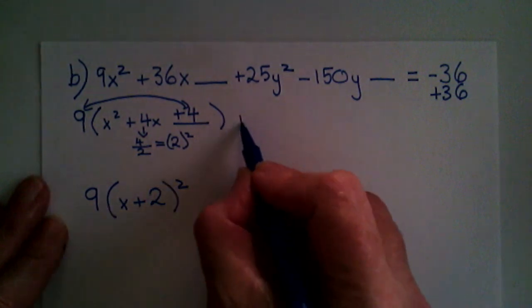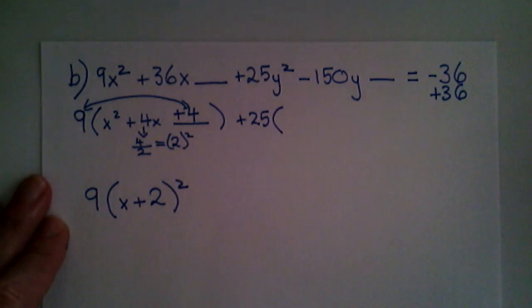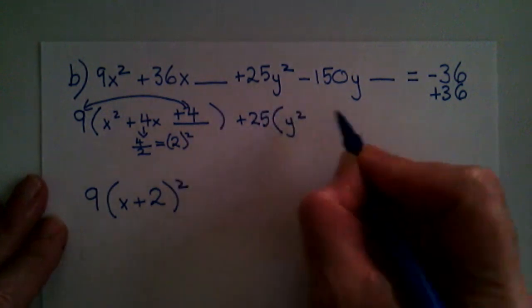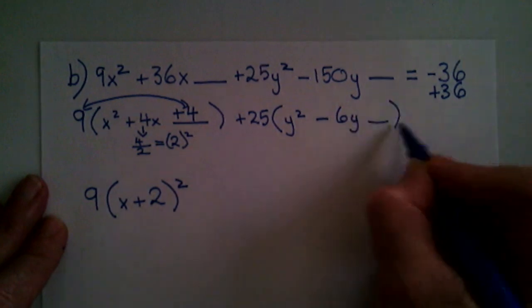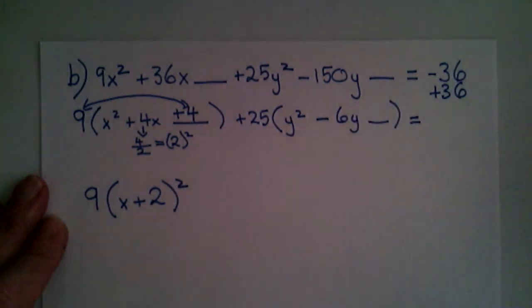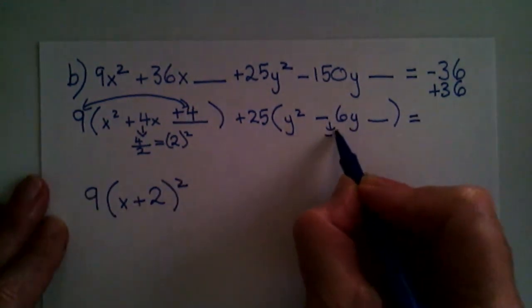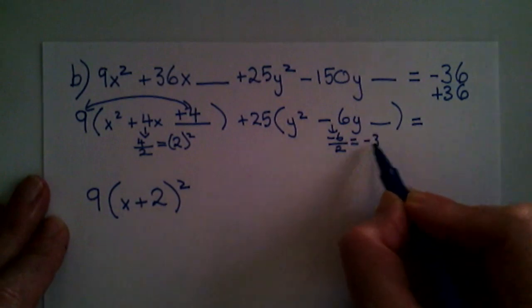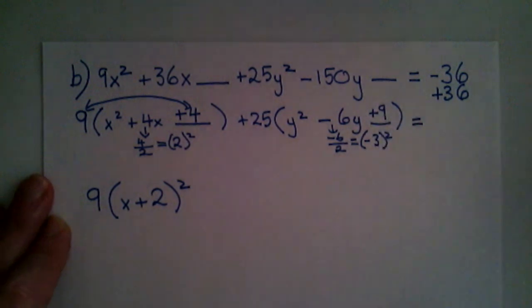Now we're going to factor out 25 so that y squared has a leading coefficient of 1. So that will give us y squared minus 6y, and that would be 0 there. So we're going to take our negative 6, divide it by 2, which gives us negative 3. Negative 3 squared is positive 9.